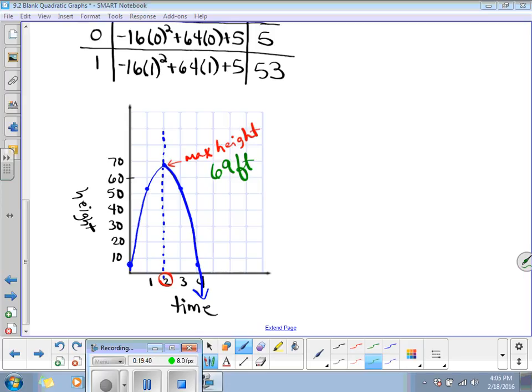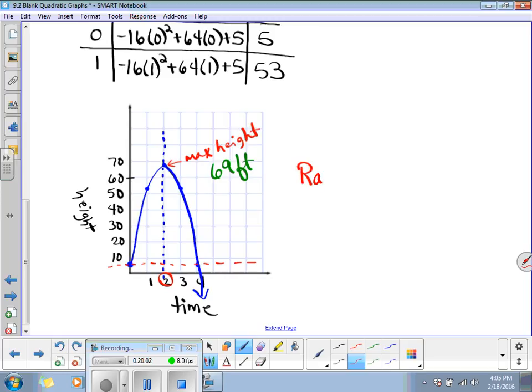So the range, because they are shooting the T-shirt out of a cannon from 5 feet, your range values are only going to be from 5 to 69.